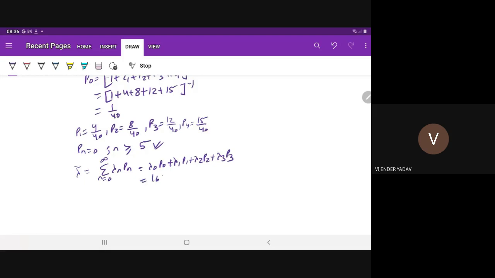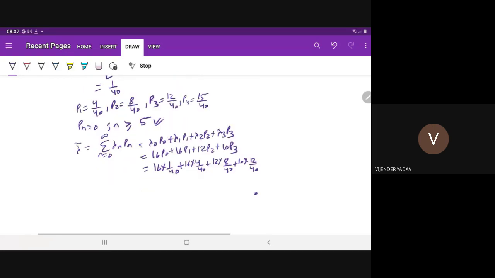So it is 16 P naught plus 16 P1 plus 12 P2 plus 10 P3. So 16 into 1 by 40 plus 16 into 4 by 40 plus 12 into 8 by 40 plus 10 into P3, 12 by 40.